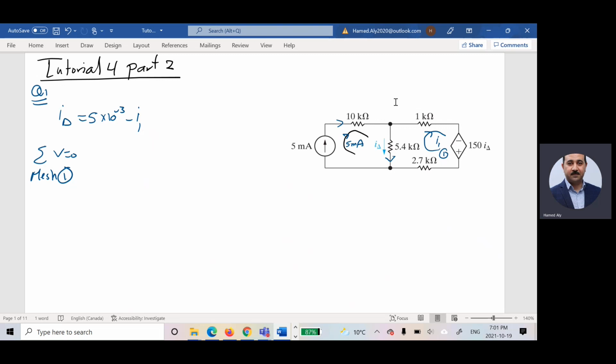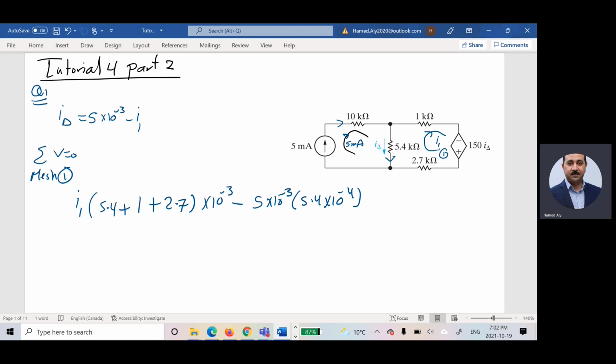Am I right? That's why, if you would like to find directly the voltage for this guy, I will say I1 multiplied by the summation of all resistors. What are those? 5.4 plus 1 kilo plus 2.7, all of them multiplied by 10 to the power negative 3, minus 5 times 10 to the power negative 3 multiplied by the common resistor, which is 5.4 times 10 to the power negative 4.